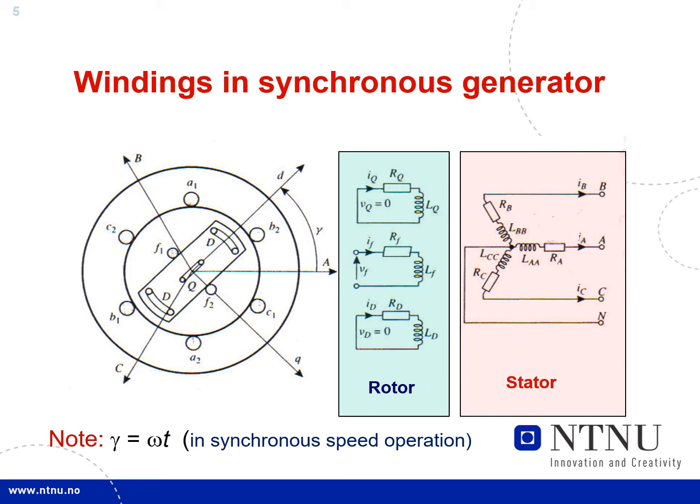For simplicity, these are placed in the D and Q axis respectively. The rotation is assumed to be synchronous and can be represented by gamma, which is omega times time.